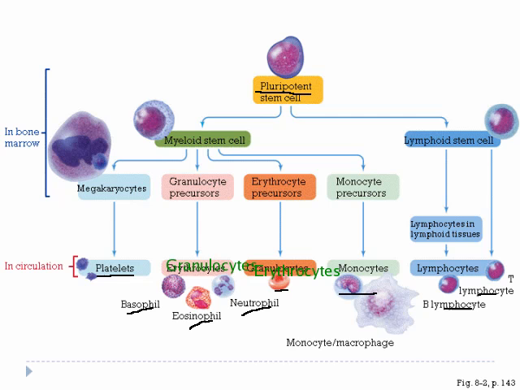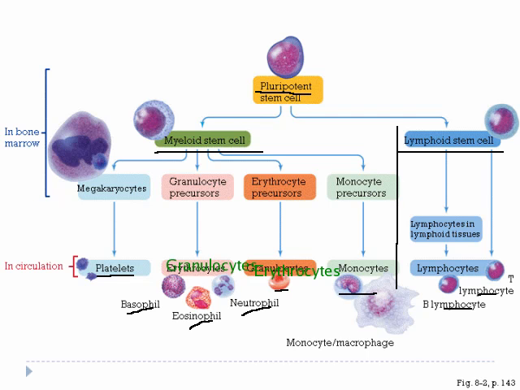And so that's what it means by pluripotent. It has multiple potential. It has the potential to become any of these cells. So this cell divides and makes more copies of itself. And any of those copies of itself can become any of these types of cells. And the first step toward commitment toward a pathway is to either become a myeloid stem cell or a lymphoid stem cell.